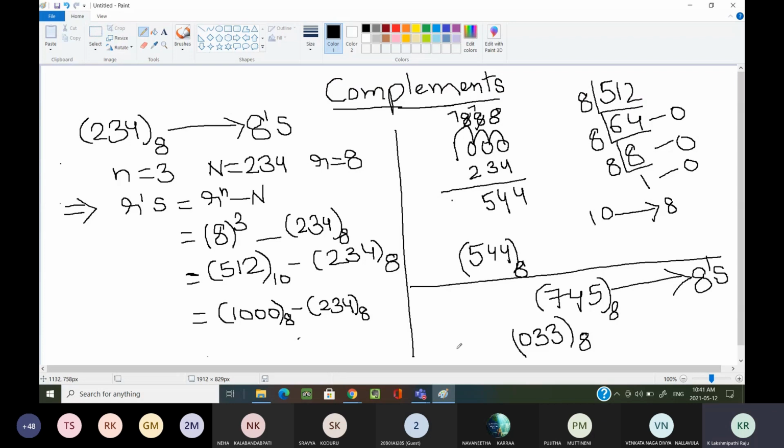Everyone got the same answer? If you got a different answer, then we have to cross check.